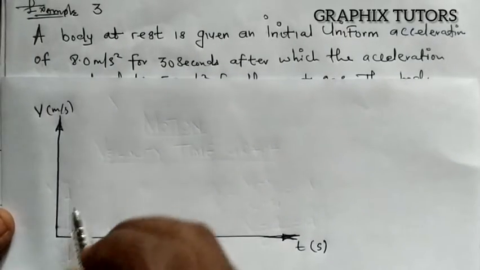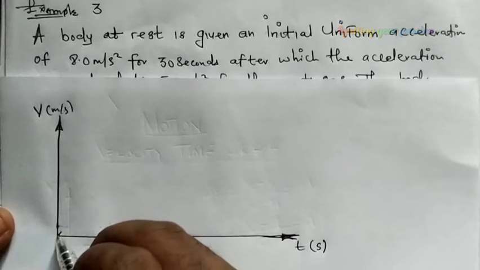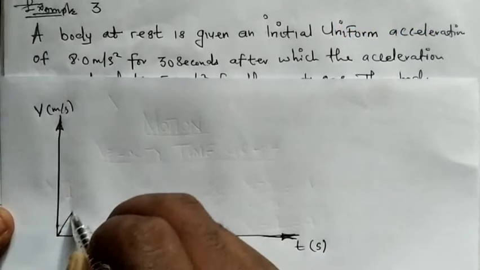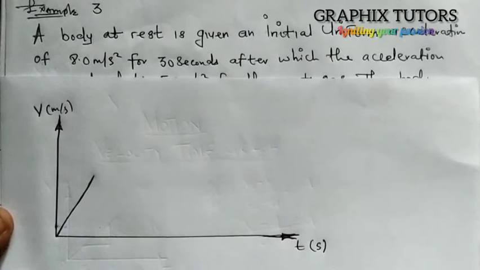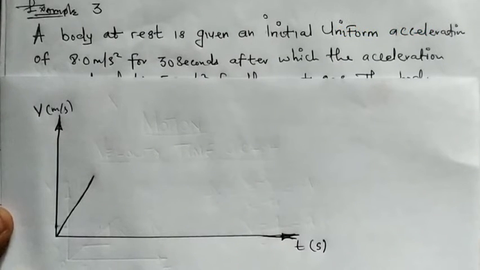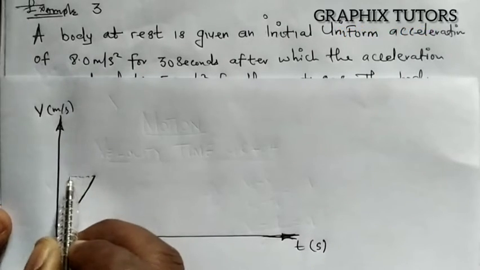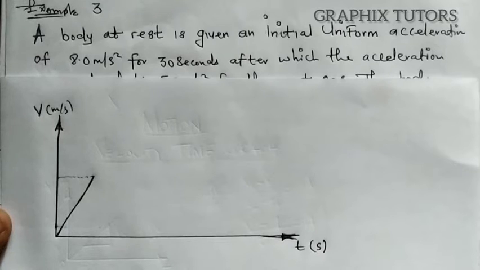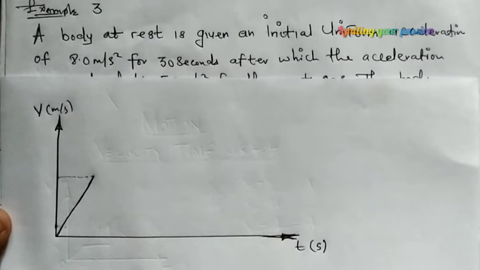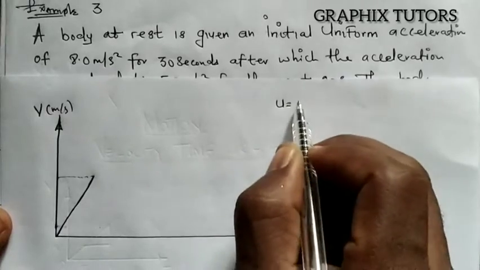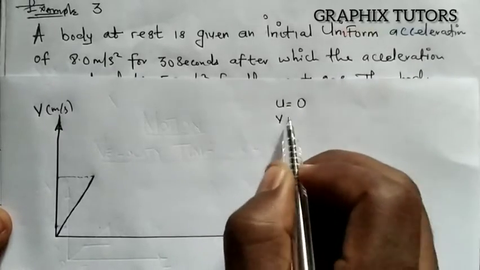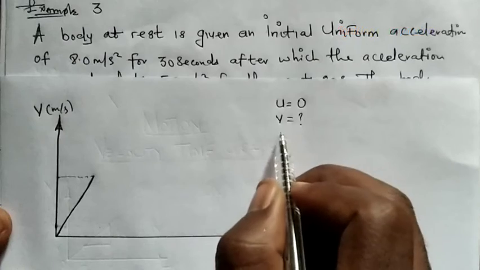So we are accelerating at this point. So at this point, we don't know the velocity, but we know for sure that our u is equal to 0. Our v is unknown.